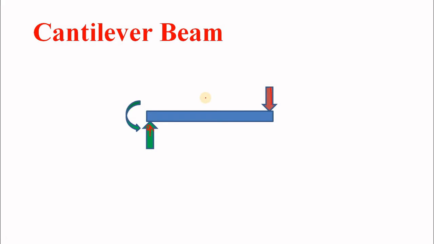So similarly, when I put a load here, obviously there is a moment like this, and to counter this moment you have to produce a reaction moment like this, because this is a fixed support, and a fixed support does not allow rotation. So there are two reactions for this type of loading arrangement. Now in this video we have to learn how we can analyze these reactions, or how we can analyze a cantilever beam.